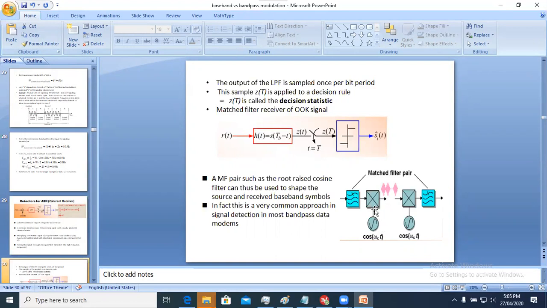So this band pass filter is used before receiving the signal at the receiver. So this is the most common approach of using matched filter pairing in band pass data modems.